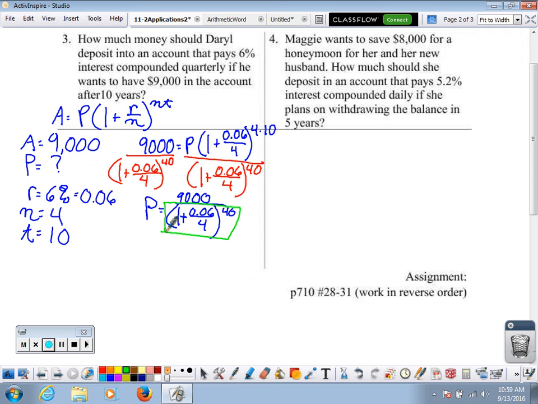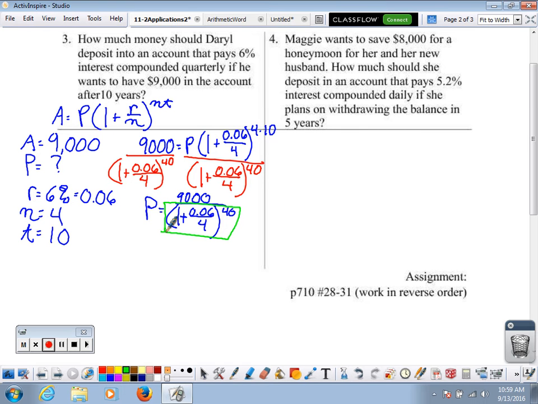Right now, that number is on the top line of my expression. I need to move it to the bottom line. Don't we have an exponential property that we can use to move something from the top of an expression to the bottom? A negative exponent.